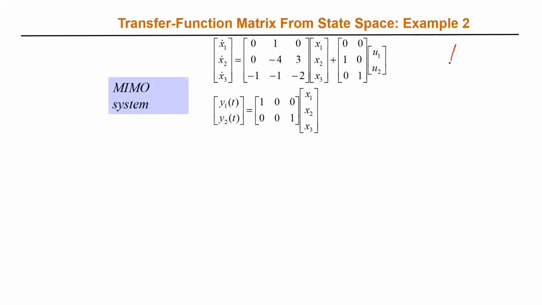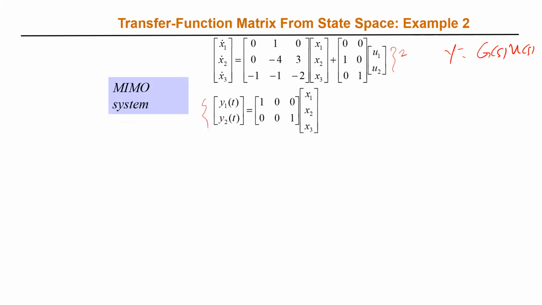Remember, Y equals G of S, U of S. So G of S relates the input to the output. I have 2 inputs and 2 outputs, so the G matrix has to be 2 by 2.